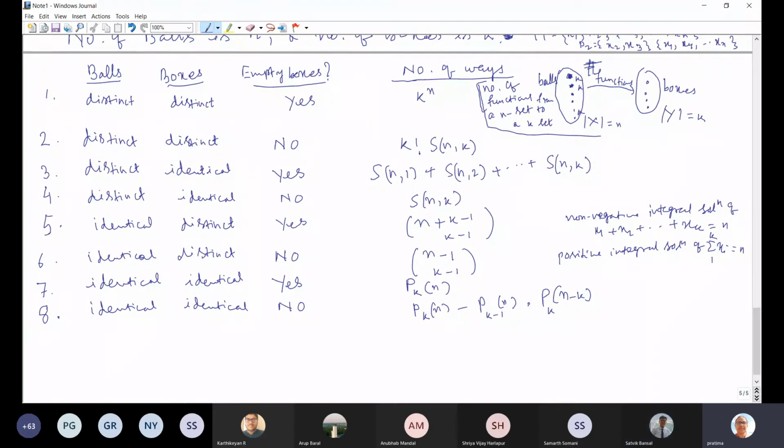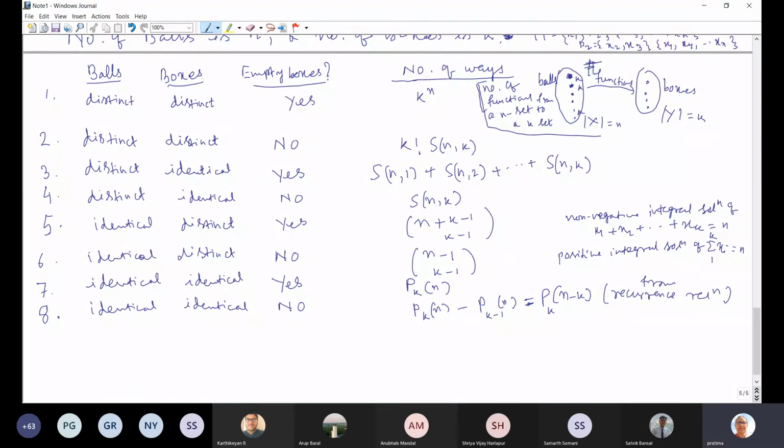From that recurrence relation also we are getting this number. Both are equal. Yes, correct.